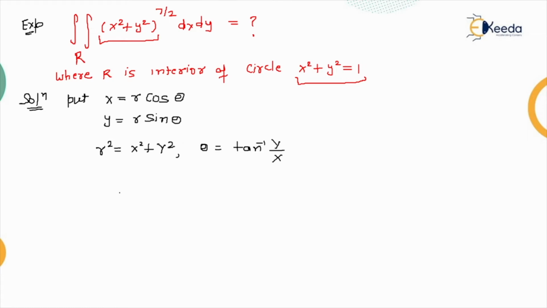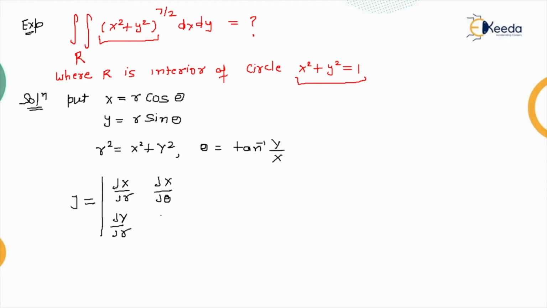So now we need to calculate the value of J. J is the Jacobian, because without the Jacobian we are not able to solve this question. I gave you the direct result of the Jacobian in the last lecture, so I will use that result here.